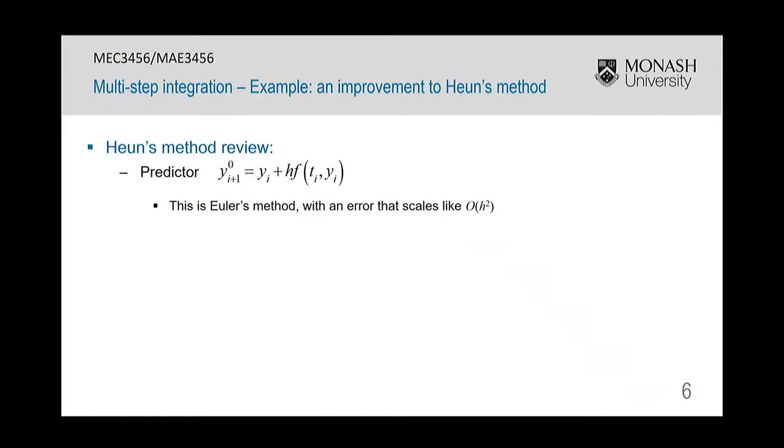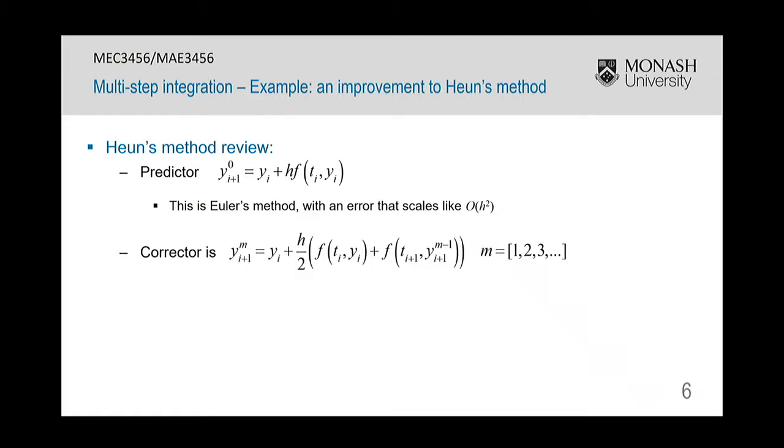The error scales like h squared. The corrector step then is y_{i+1}^m, where m is either our first or our second or our third iteration, and that's equal to y_i plus h/2 times the function evaluated at the initial point plus the function evaluated at an estimate of our end point. And for the first guess, we put y_{i+1}^0 in there.